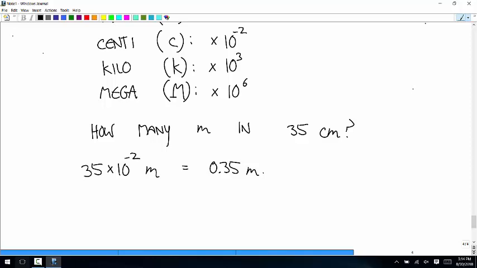I took it to meters. Yeah. And so what if you had to go the other way? We started in centimeters and went to meters. So we started with a prefix and went to one without a prefix. What if you have to start in one without a prefix and go to one with a prefix?